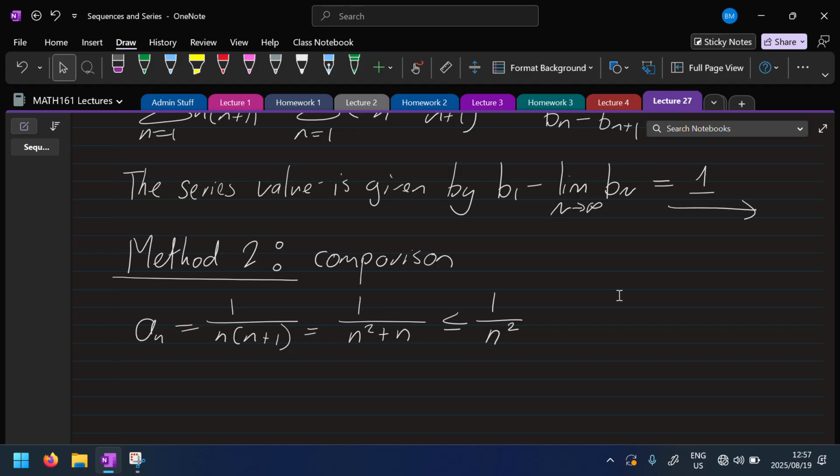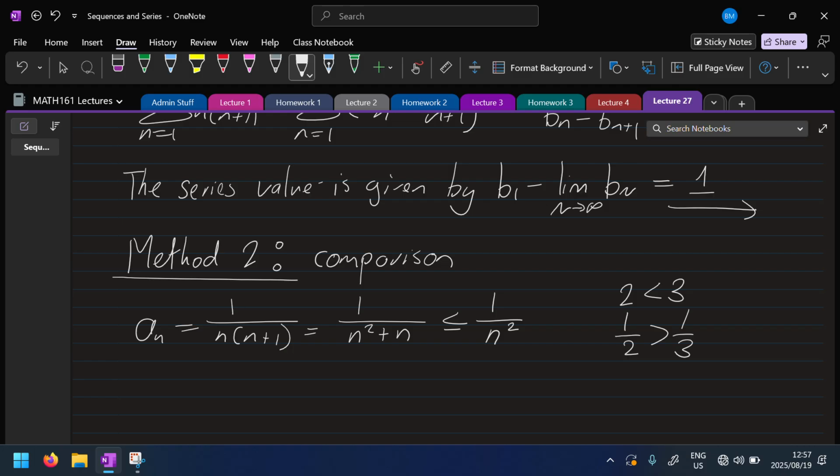Okay. So if I have 2 is less than 3. Right? Makes sense? What if I do the reciprocal and I look at a half and a third? Then a half is now greater. Okay. So between these two denominators, which one is larger? The n squared or the n squared plus n?